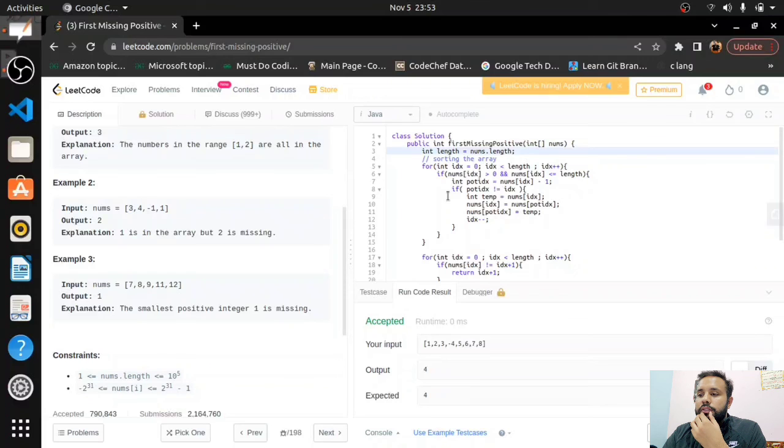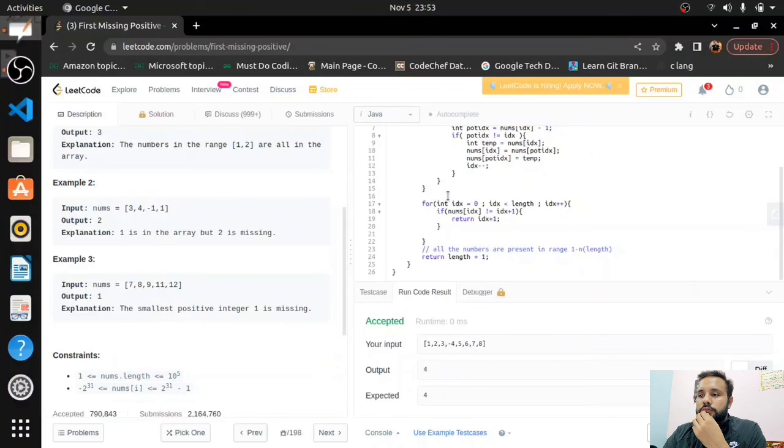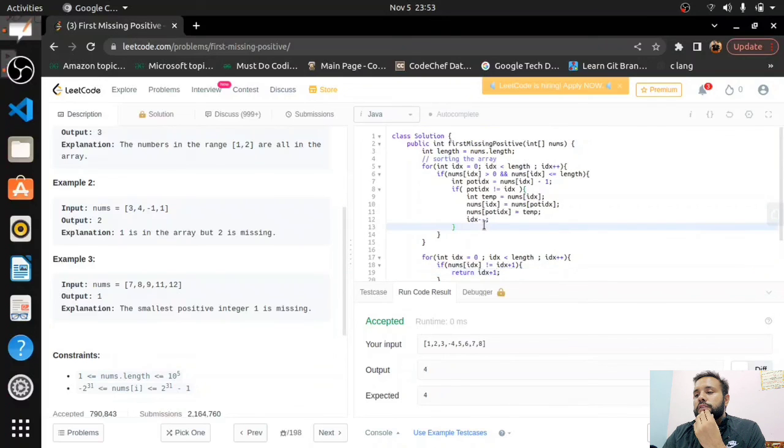That is also fine. Nums of index, let's say 1 is not equal to 0 plus 1, then return this. Yeah, I don't think anything is missing.